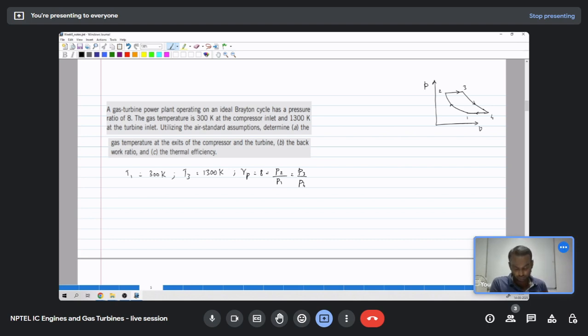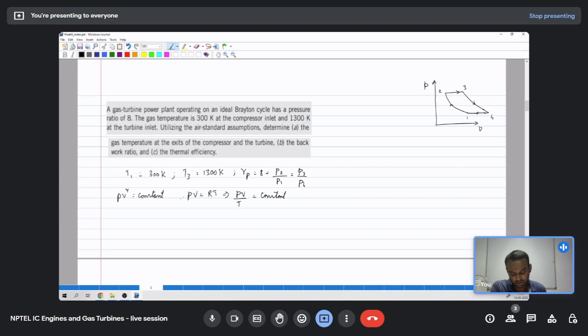So we know for isentropic compression, we have this expression PV power gamma is equal to constant. Using this and using the ideal gas equation, that is PV equal to RT, so that is PV by T is equal to constant.